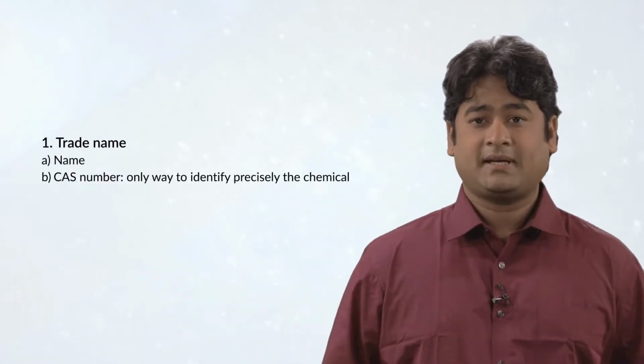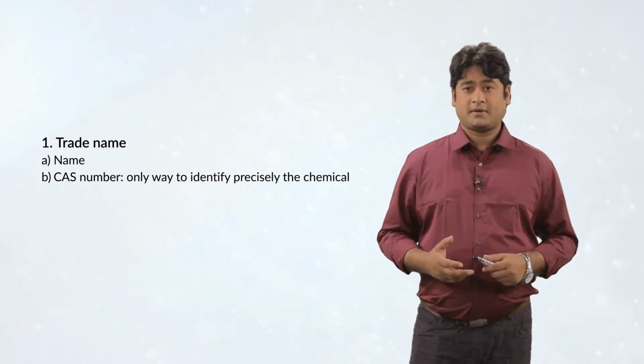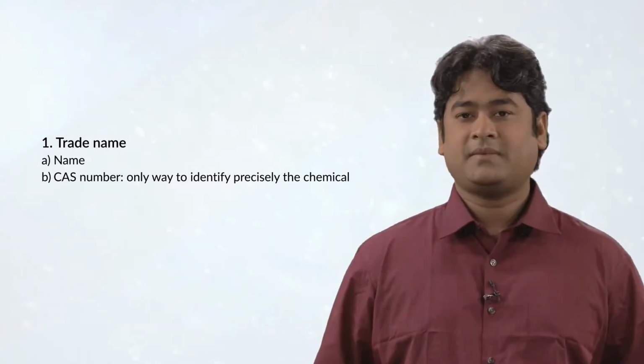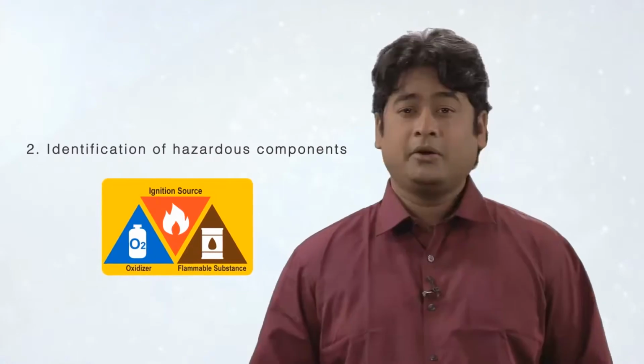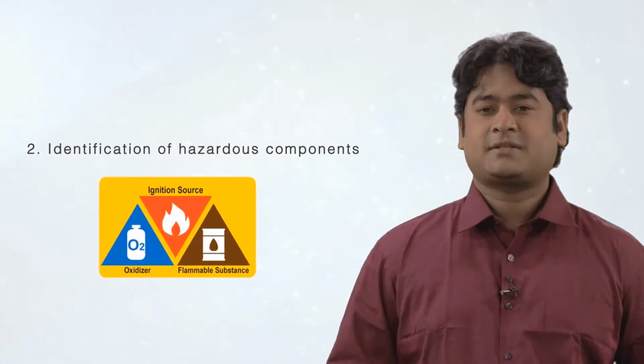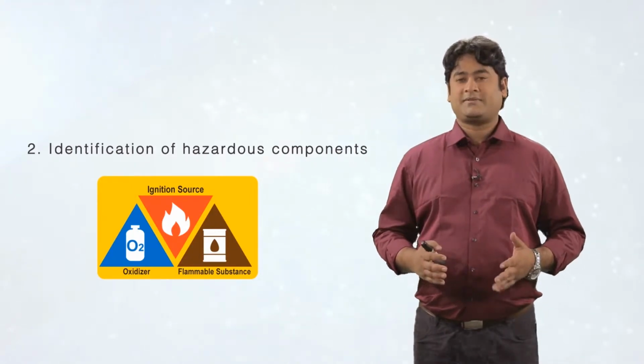In section 1 of a safety data sheet, you will identify the chemical name and all the information regarding the supplier or the manufacturer. Also from this safety data sheet you may find the CAS number of this particular chemical. In section 2 of a safety data sheet, you will be able to identify the hazardous properties of the chemical. Section 2 is a very critical part of the safety data sheet.